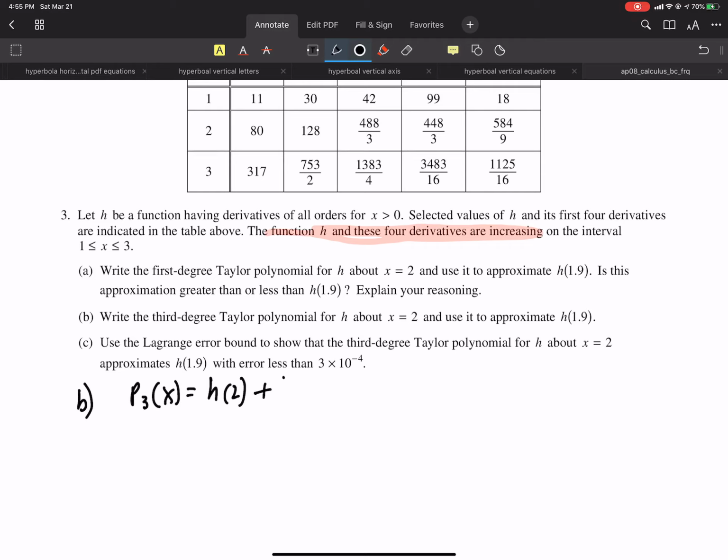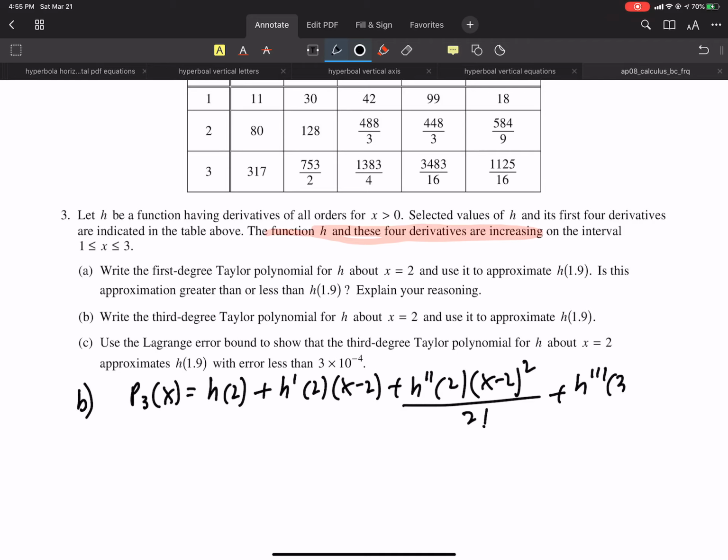This is the basic format. Then after this, all we do is plug in the actual numbers from the chart to get our third degree Taylor polynomial.